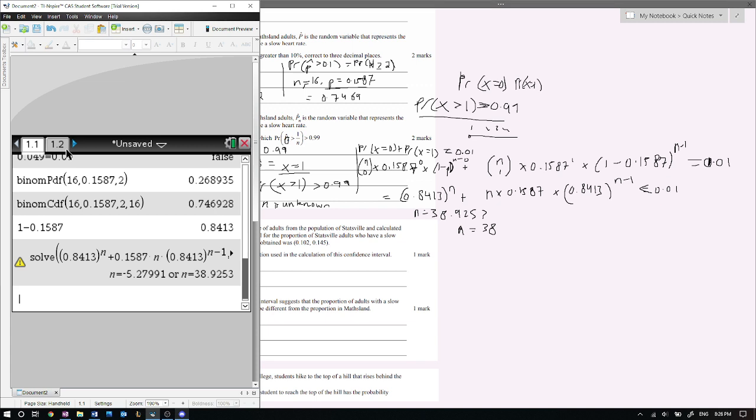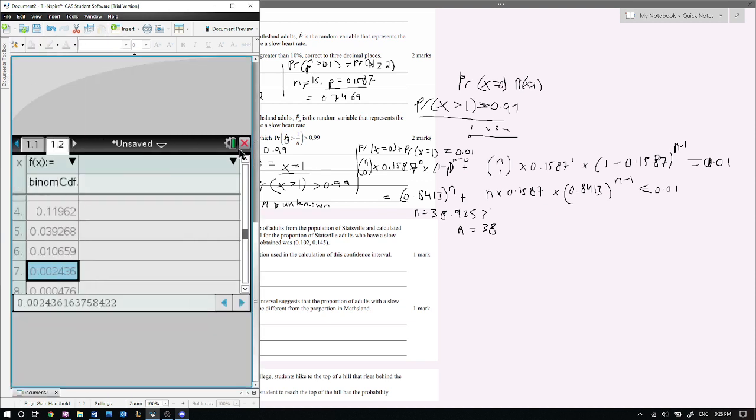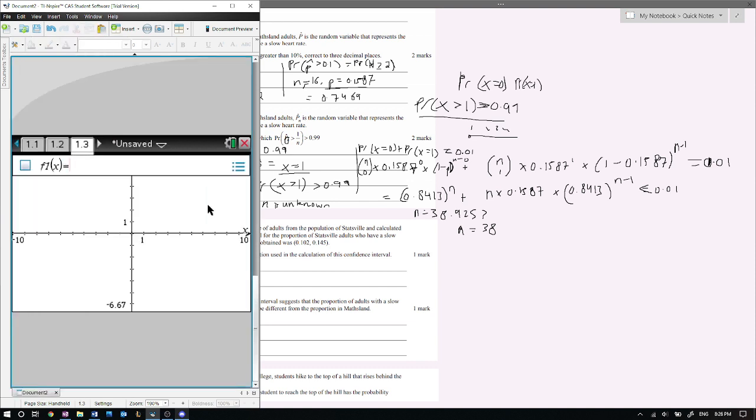And just so it looks clearer, I can graph this for you. And of course, if you are struggling with the conceptual understanding, graph it, because that n equation is an equation that you can graph, and then you can clearly see where it's less than 0.01. So 0.8413 to the x.